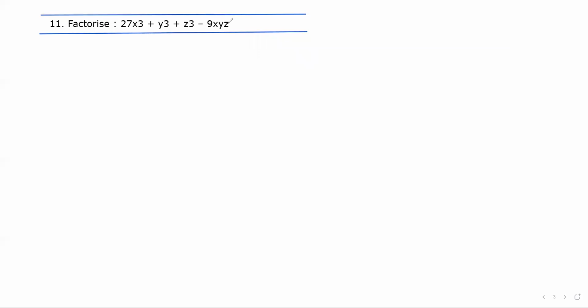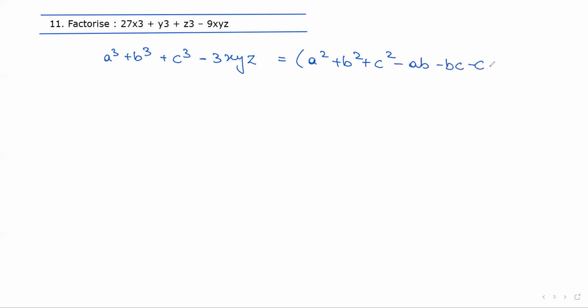Now, we have an identity for this, which is a cube plus b cube plus c cube minus 3abc is equal to (a square plus b square plus c square minus ab minus bc minus ca).